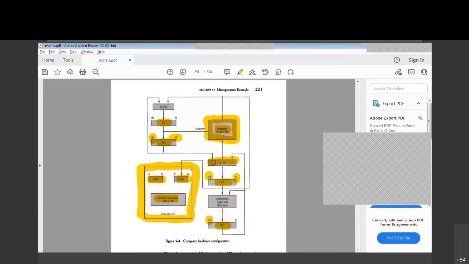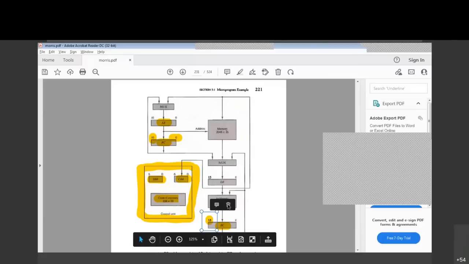Similarly, here we have a multiplexer which helps in transferring data to different registers.